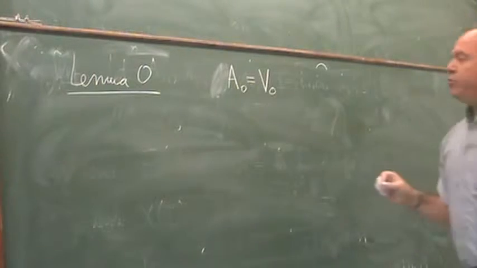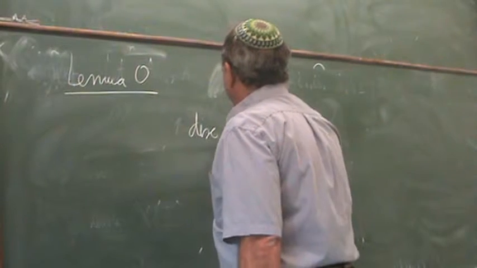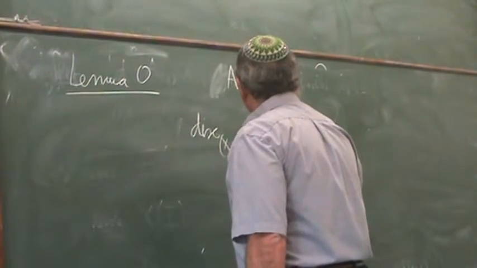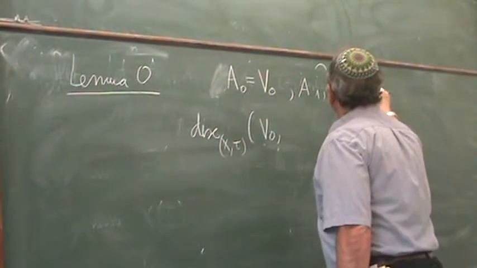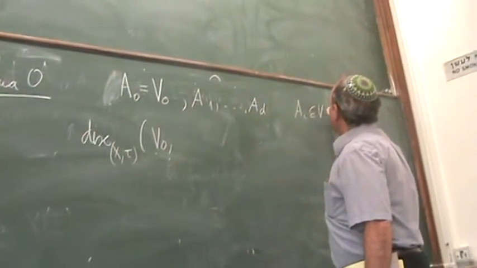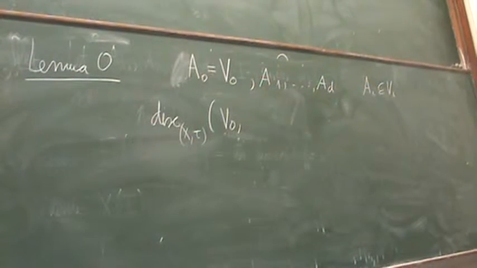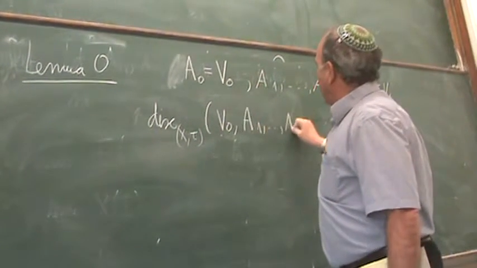Then I want to evaluate the discrepancy in X tau, the V0, and then A1 up to Ad. These are subsets, the Ai are inside Vi, but for the first one I take everything.